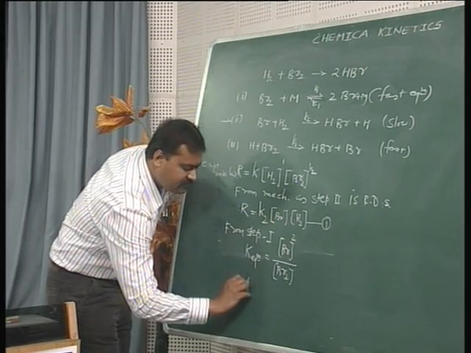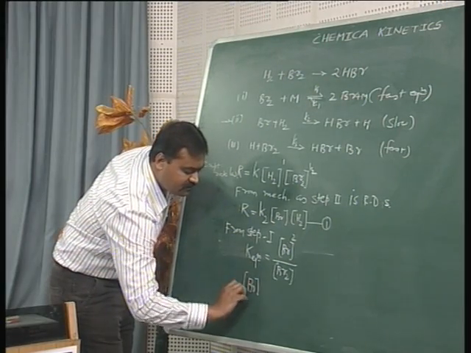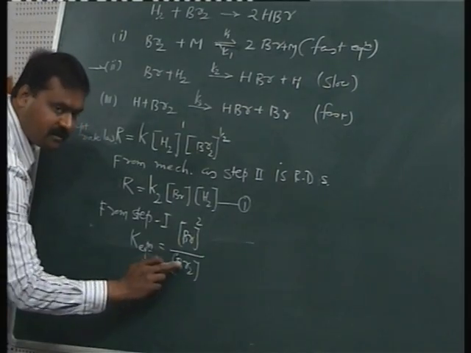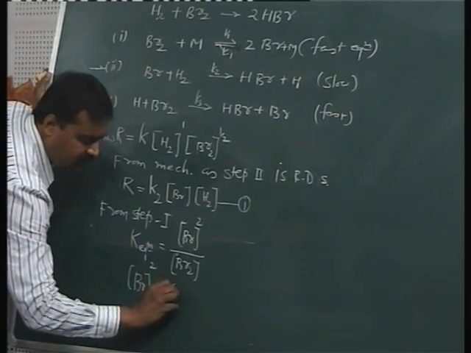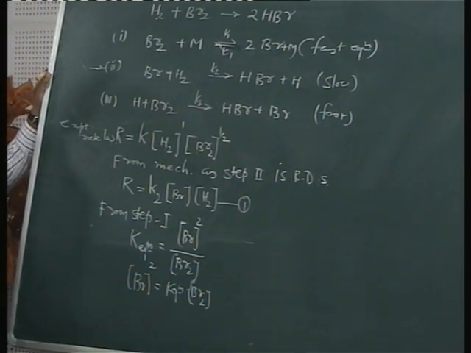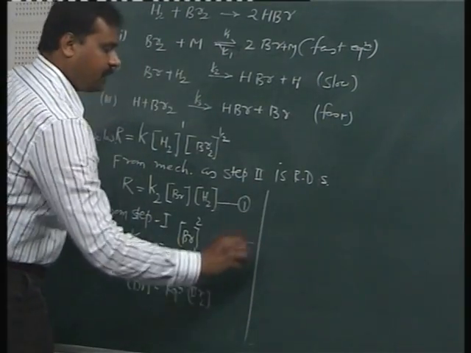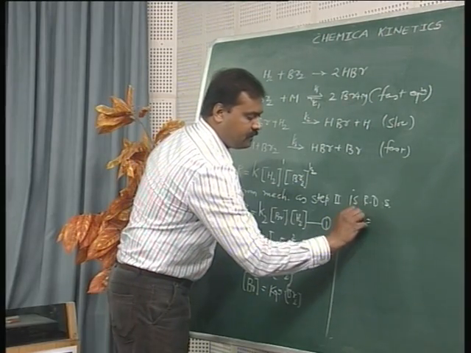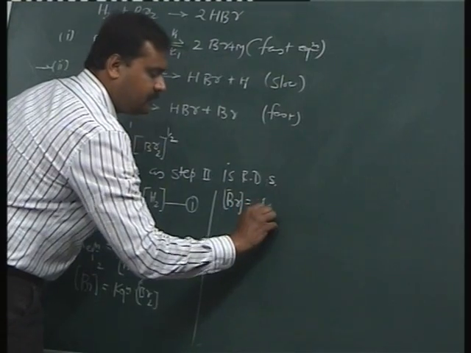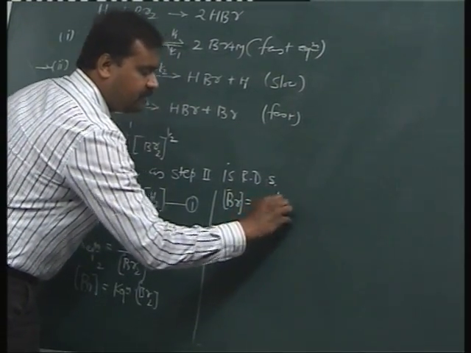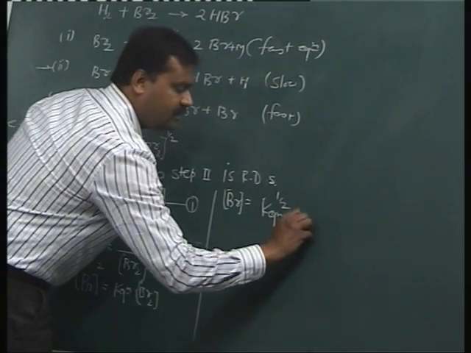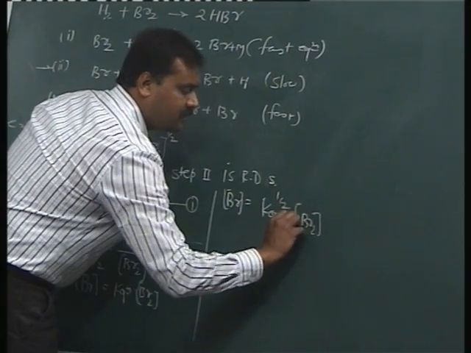If we rearrange this equation in terms of Br, we can say Br square is K equilibrium into Br2, and therefore the concentration of Br is K equilibrium raised to half, that is the square root of K equilibrium, into the square root of Br2, that is the concentration of Br2 raised to half.